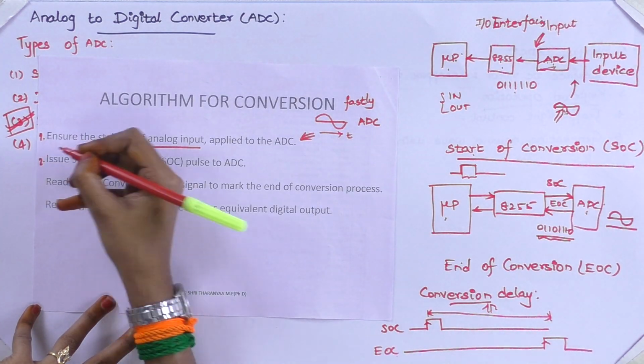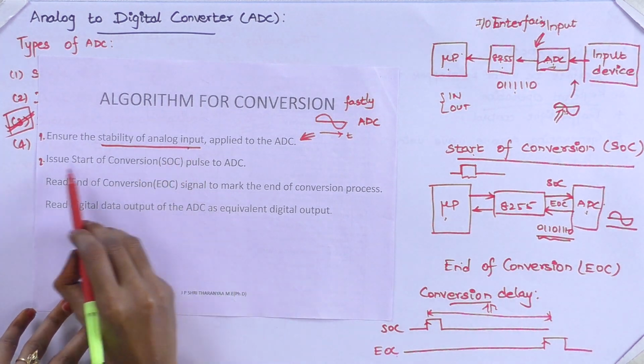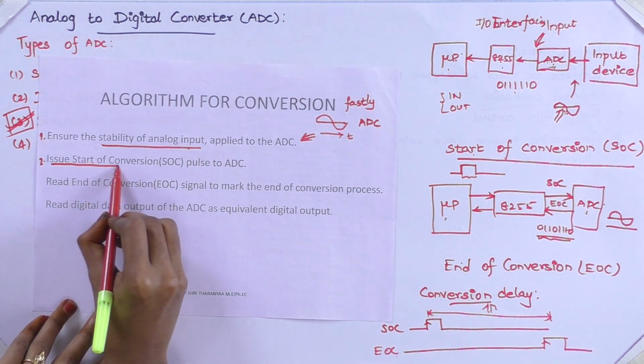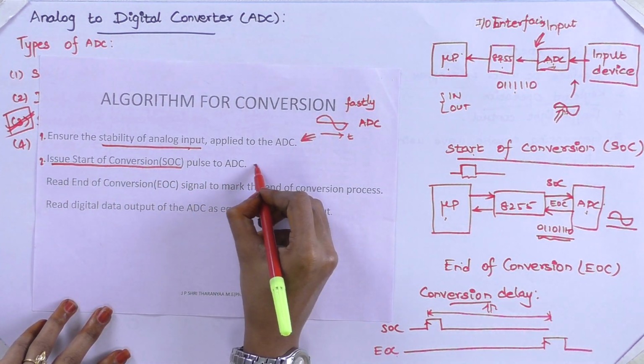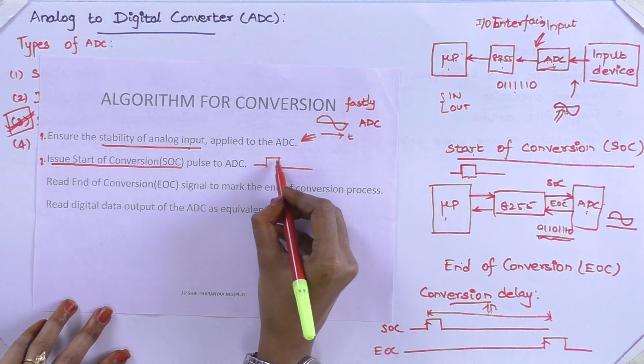For some time period, your input signal should be maintained at the same voltage level so that the conversion happens smoothly. This is done by the sample and hold circuit. Most analog to digital converters have a sample and hold circuit internally to ensure the stability of the input signal. I'm not going to say how this circuit works, just that it is used to ensure stability. The second step is to issue the start of conversion signal, which is like a pulse that I have already told you.